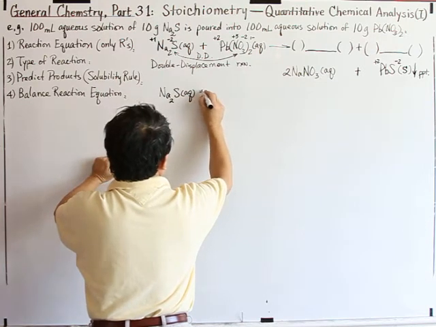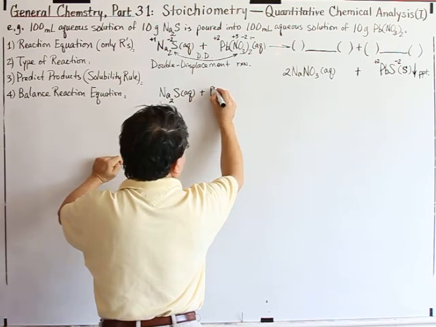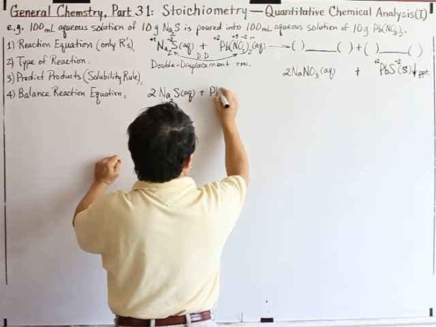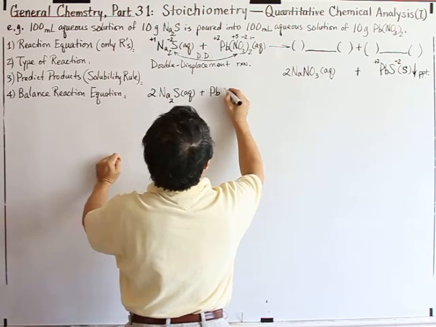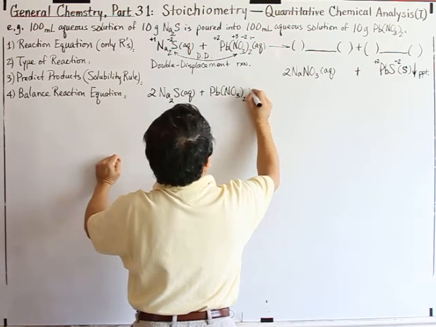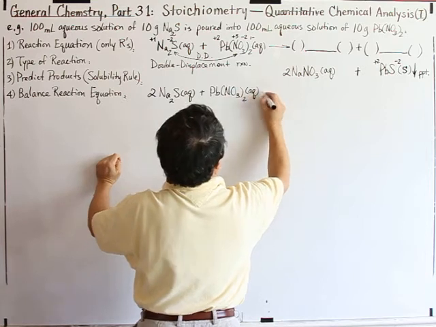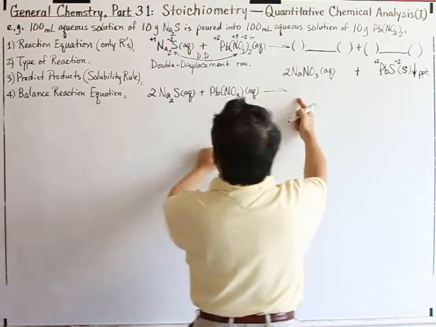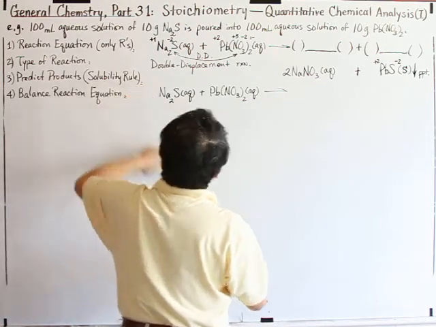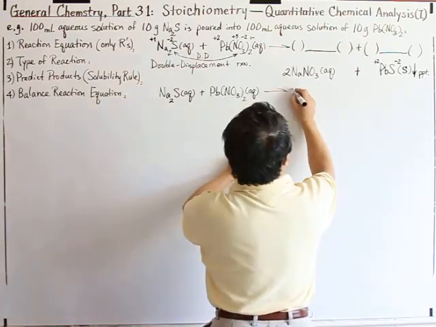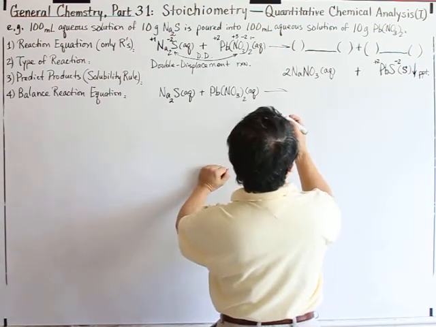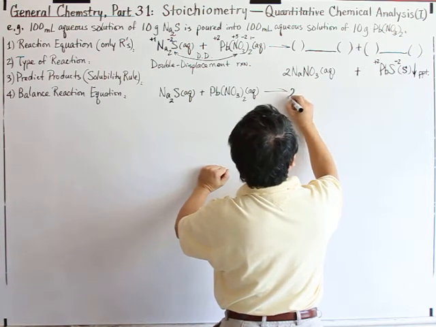Na2S (aq). Let's rewrite it, right? And lead nitrate, it is aqueous as well. Oh, that's not 2 right here. This 2 is going to be the second one. I make mistakes along the way all the time preparing this kind of lecture online.